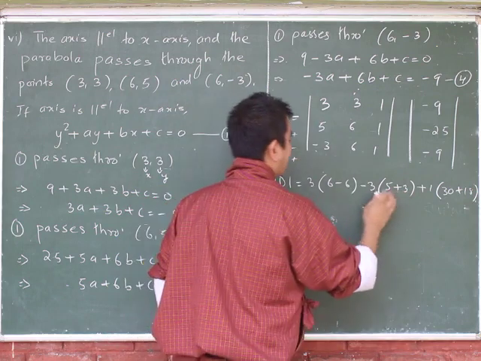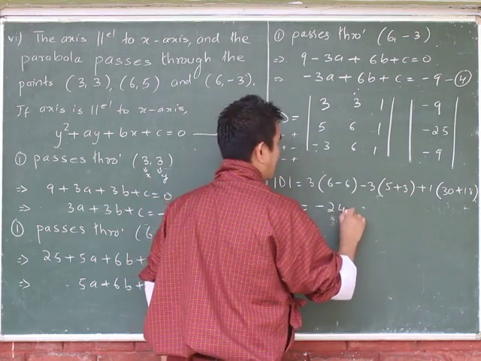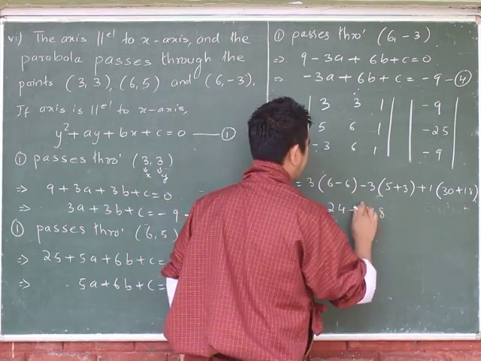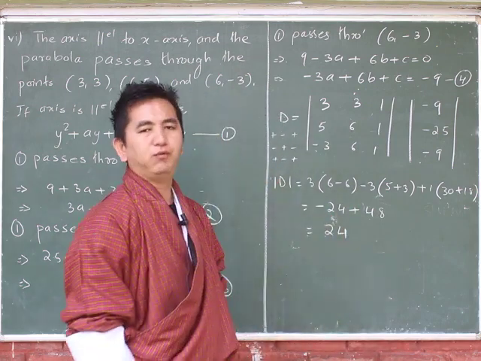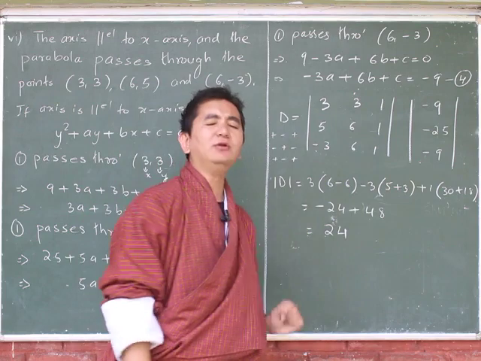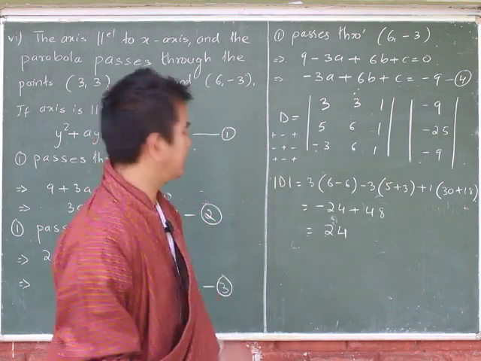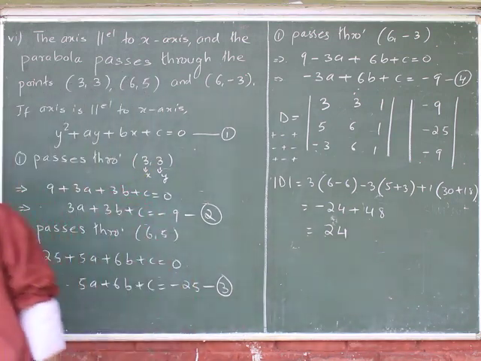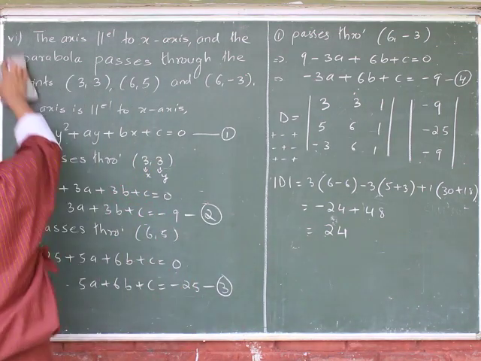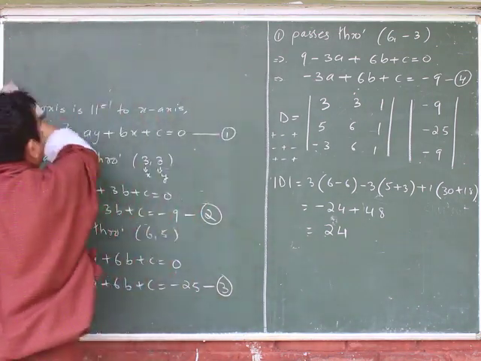This is 0. 8 threes are negative 24 plus 48, which means the determinant value is equivalent to 24. Determinant value is not equal to 0. This is consistent. But consistent and inconsistent, again, many concepts are there. So now let me go with another one, that is now D_b.